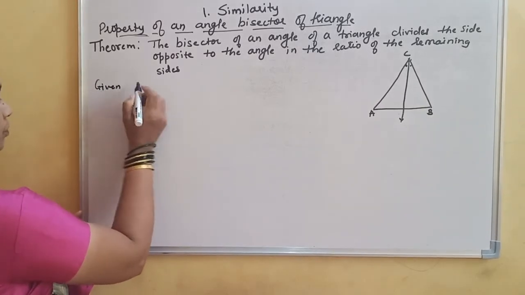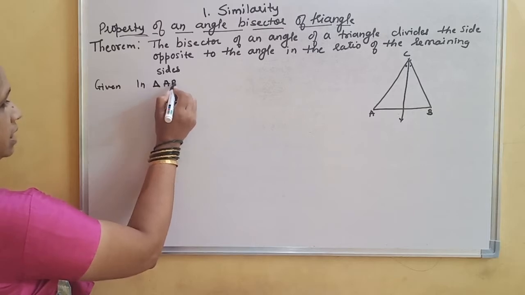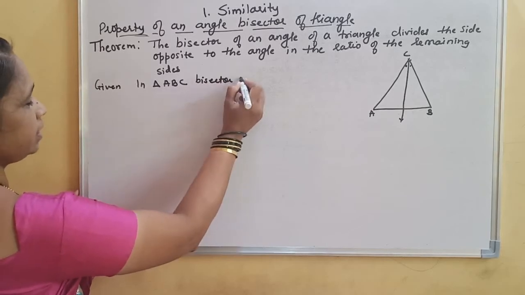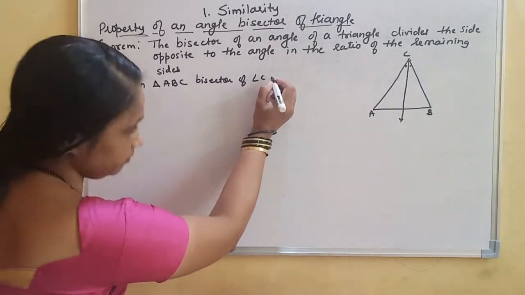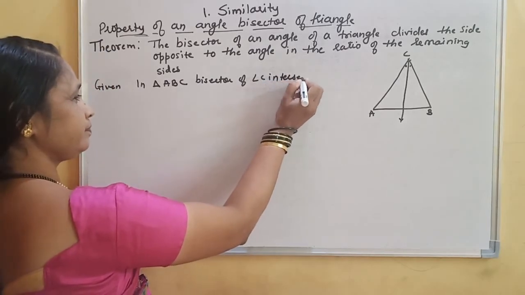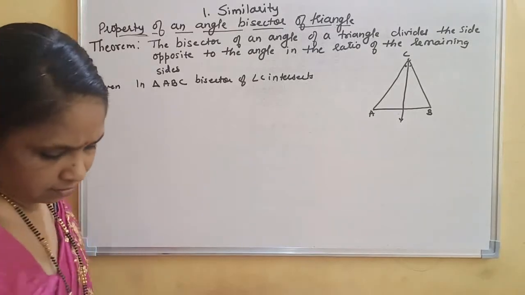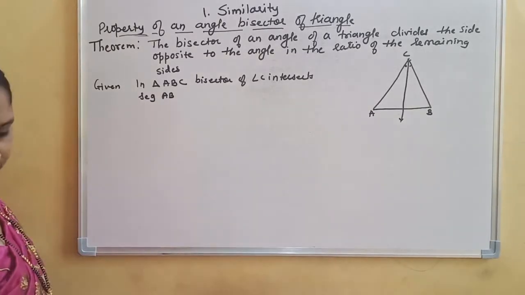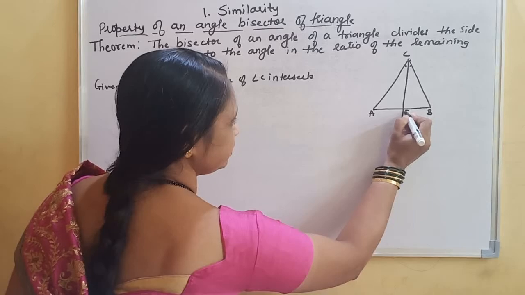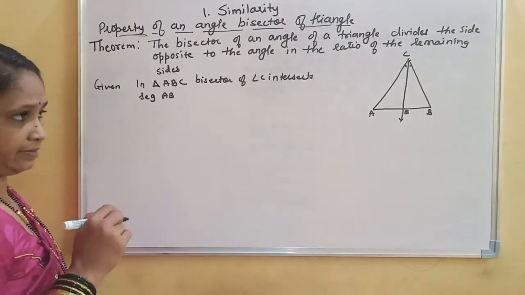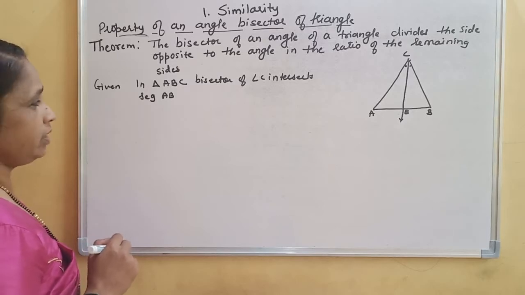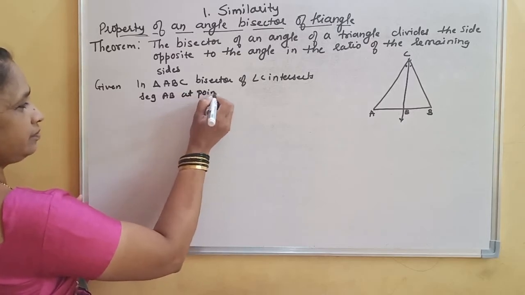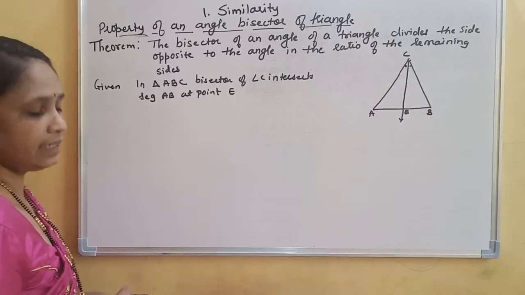Given: in triangle ABC, the bisector of angle C intersects segment AB at point E. Now we give the name ray CE to the ray which intersects segment AB at point E.